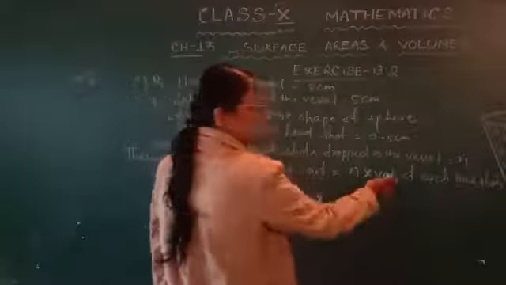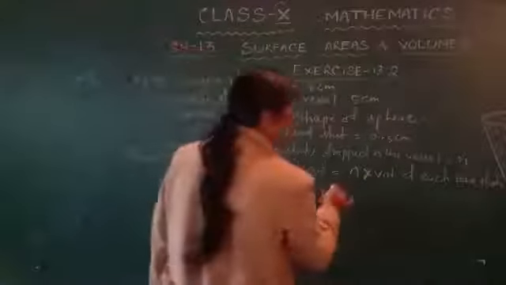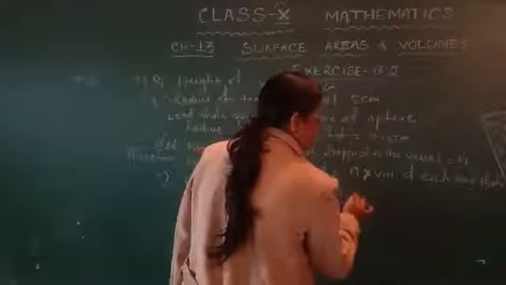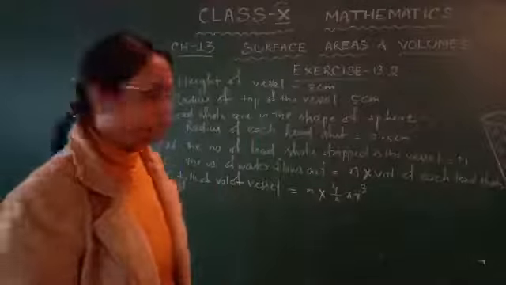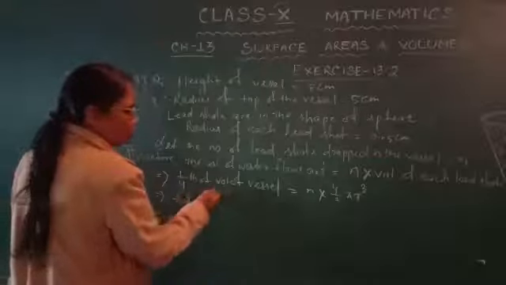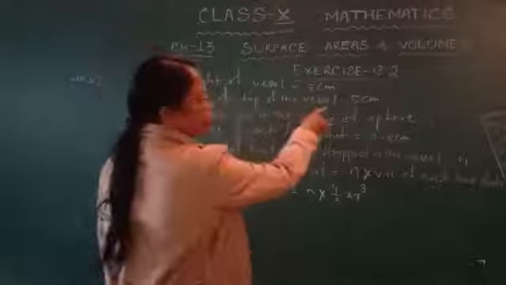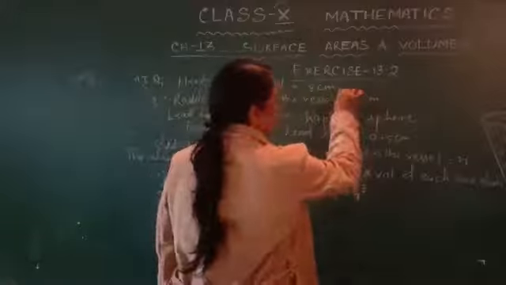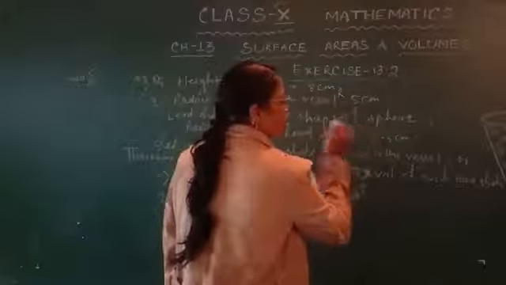The lead shot is in the shape of a sphere, so that is equal to n into 4/3 pi r cube. Okay, so here you see 1/4 into the volume of the vessel. The radius of the vessel we take as capital R, and the radius of each lead shot is small r.